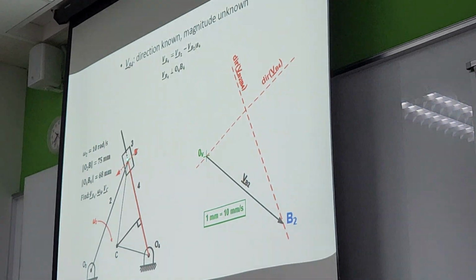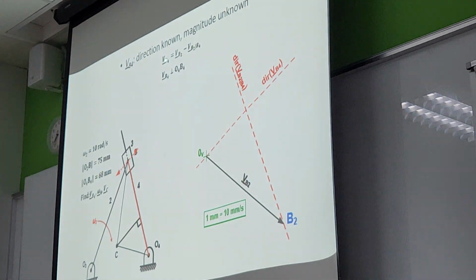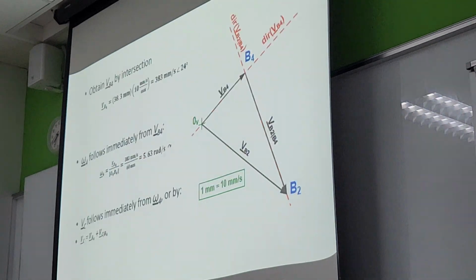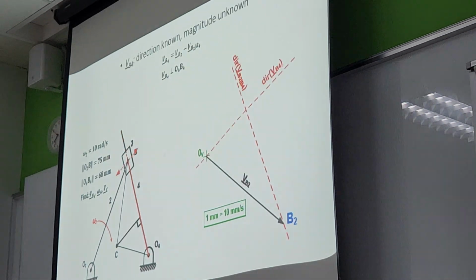So you can see the velocity of point B on link 2 and the velocity of B on link 4 will have a relative velocity. So we can write link B4 to B2, as shown here.